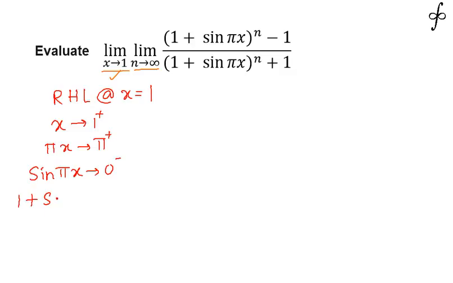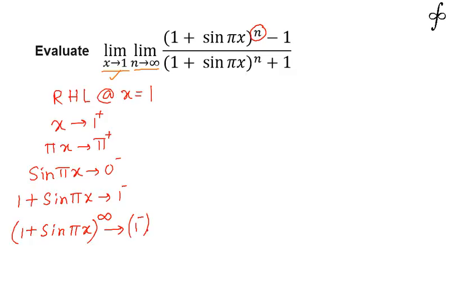So 1 plus sine pi x will become slightly less than 1, because sine pi x is 0 minus, slightly less than 0. Now if I multiply something slightly less than 1 infinite times, (1 plus sine pi x) to the power n, with n tending to infinity, it tends to (1 minus) to the power infinity.